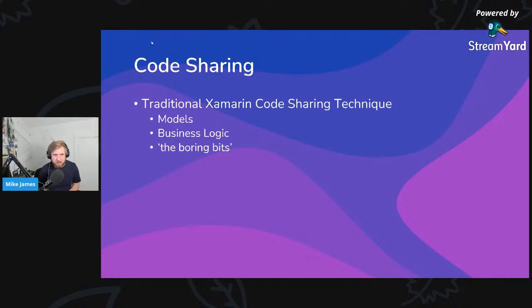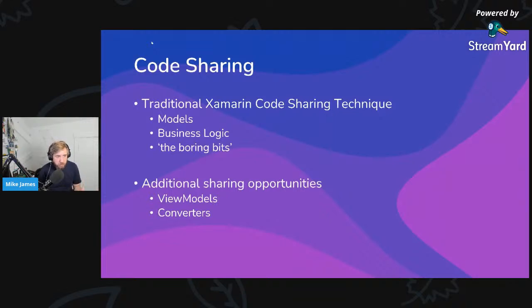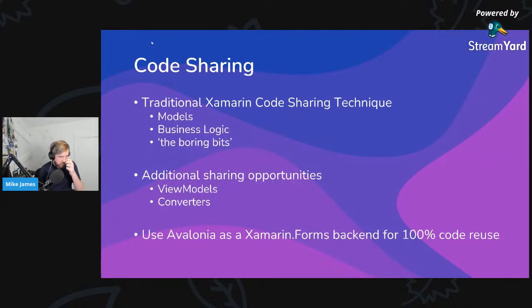So that's a really valid strategy for introducing something like Avalonia to the party. But if you're using Xamarin.Forms, there's also a good opportunity to share even more code. There are additional sharing opportunities with the view models and even converters. This was something that really surprised me, and I'll show you it in the code demo in a second. I'm just conscious of time.